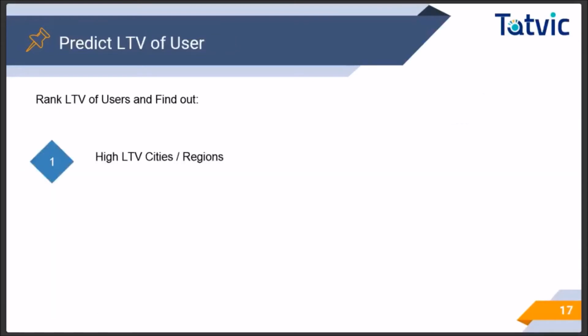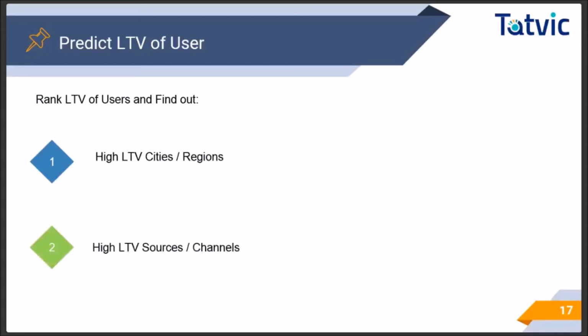So let's see what type of scenarios or cases we can use with respect to LTV of users. We can find out which are the high LTV cities or regions, so that a marketer knows what type of campaign to run for what particular city, if they're losing out on their bids, or they are actually getting higher revenue per user from that particular city.